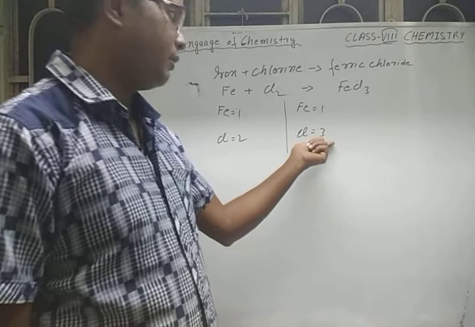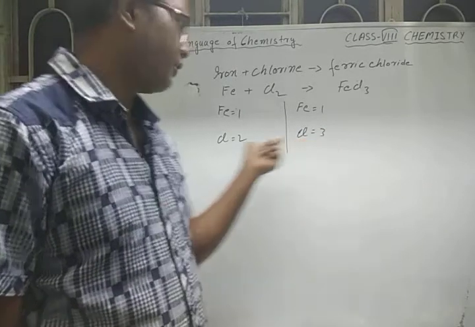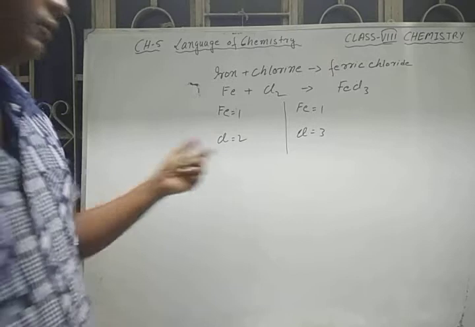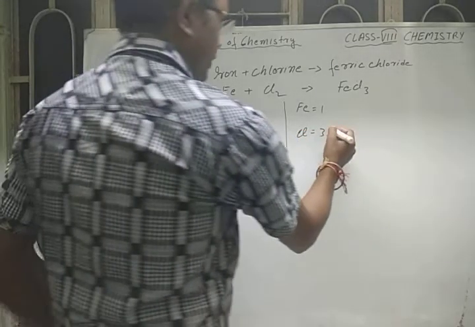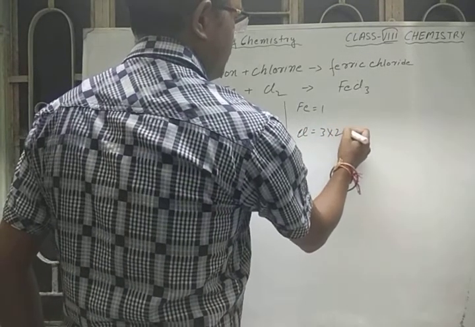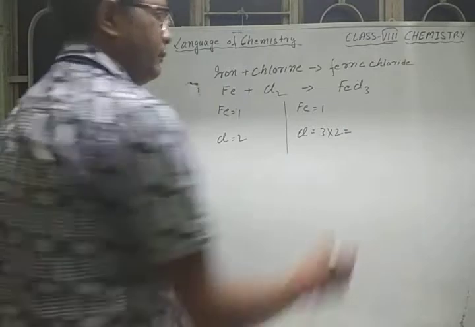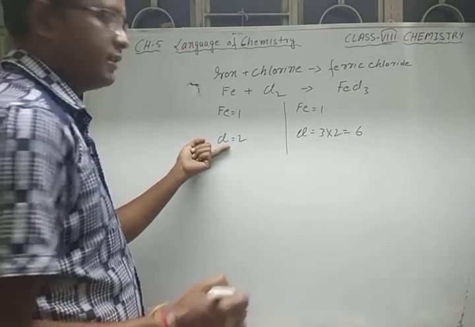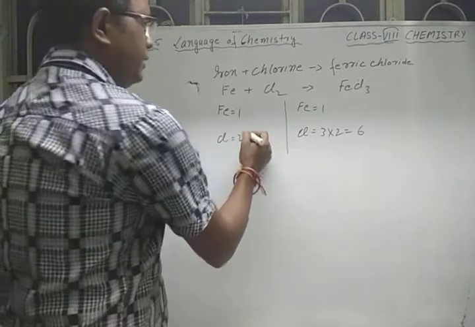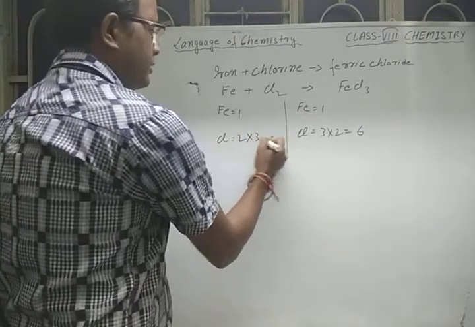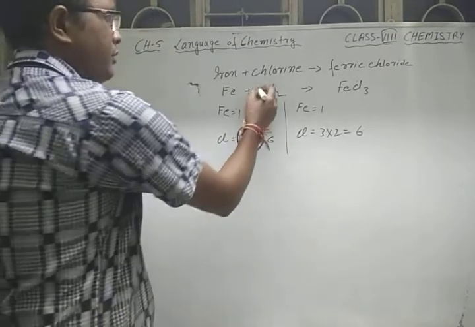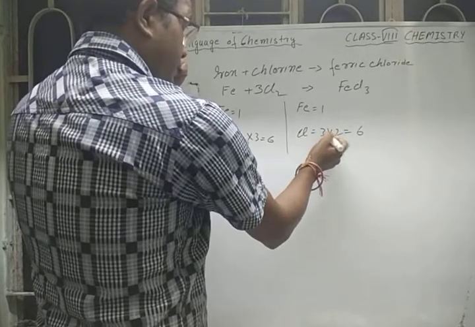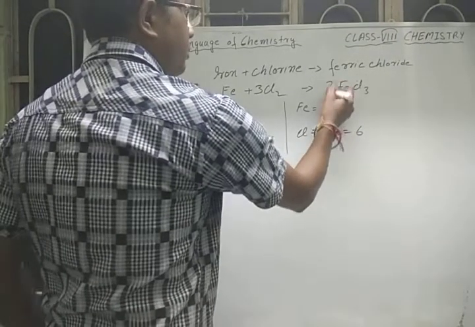If you make this 3 into 6, you can also make this chlorine 6. To make this chlorine 6, you have to multiply 3 by 2, it will become 6. And to make chlorine 6, you have to multiply 2 by 3, it will become 6. When multiplying by 3, you write 3 over here. When multiplying chlorine by 2, you write 2 over here.